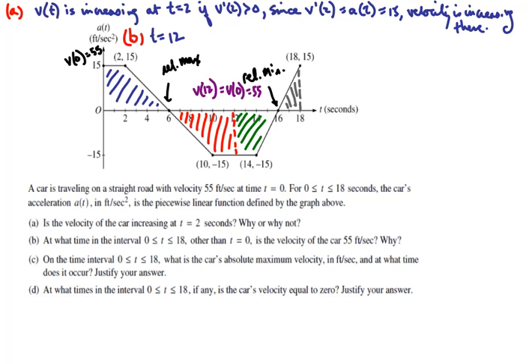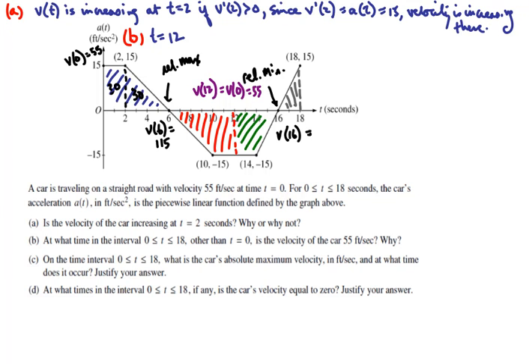We started at 55, then increased from there to t equals 6. We could actually calculate the velocity at a number of these places, so let's do that real quick. V of 6 would be 55 plus 60, and that would be 115. We've already stated that V of 12 is equal to 55.